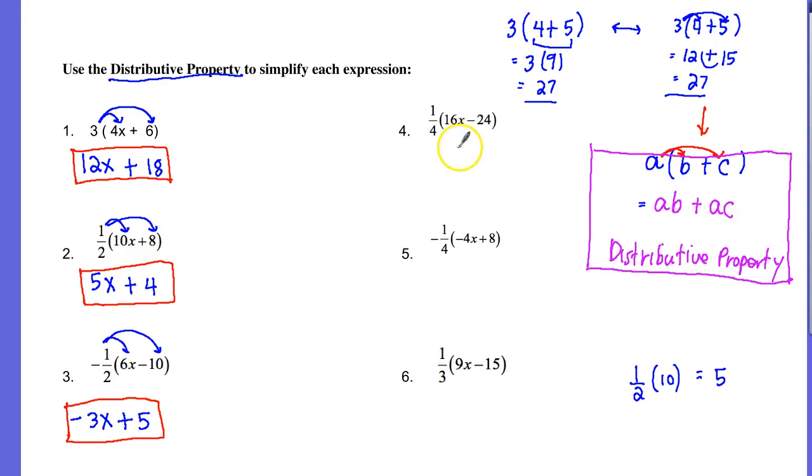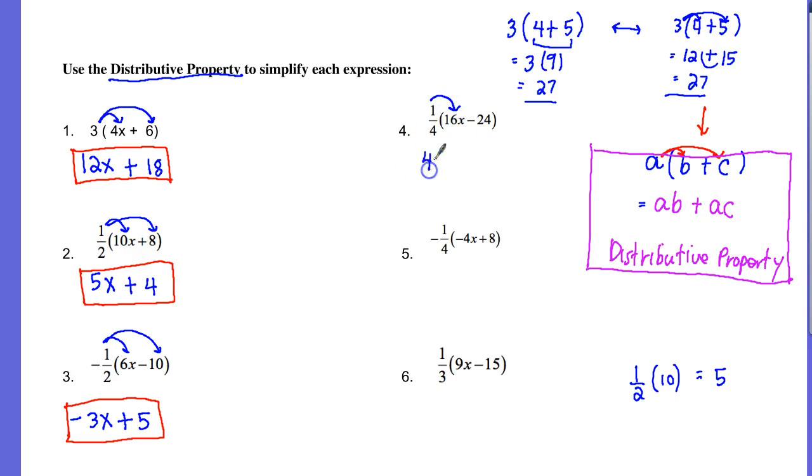The next one. Oh, this one is 1/4 of something. Remember, when you're taking 1/2 of something, you divide it by 2. So when you're taking 1/4 of something, you divide that something by 4. So remember, 1/4 of the whole thing. So one at a time. What's 1/4 of 16x?